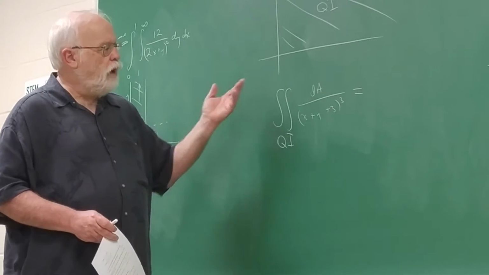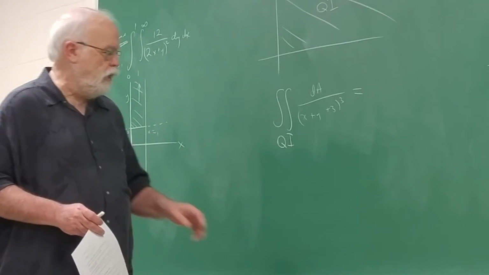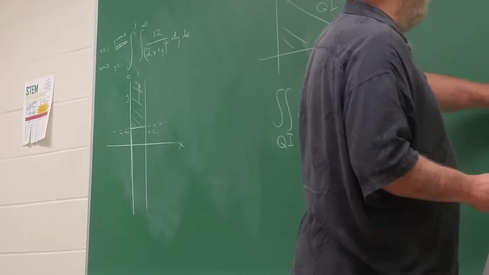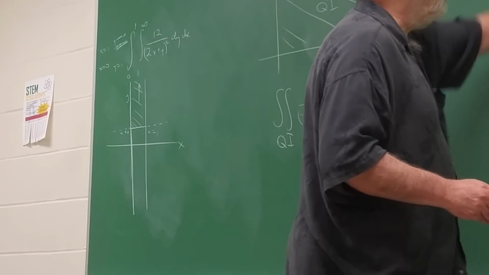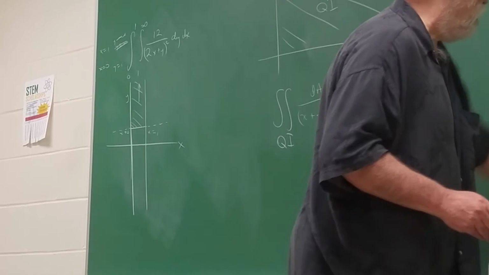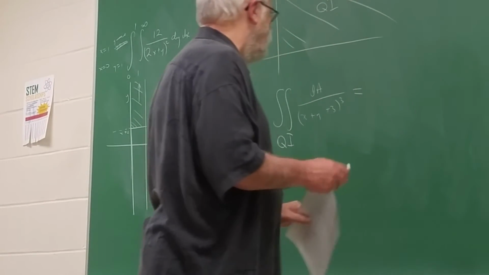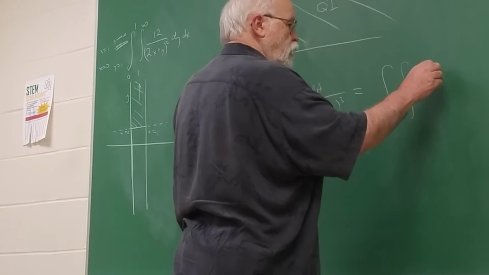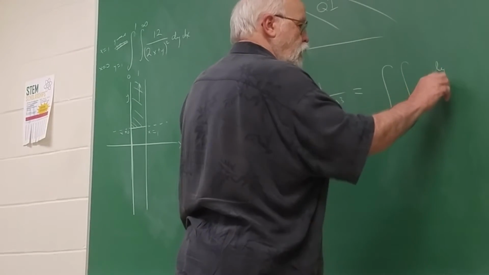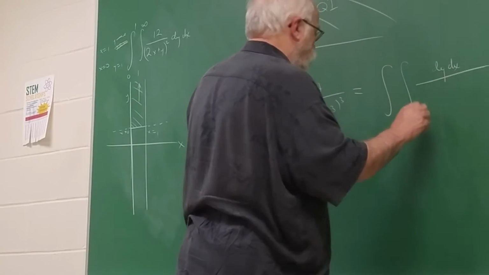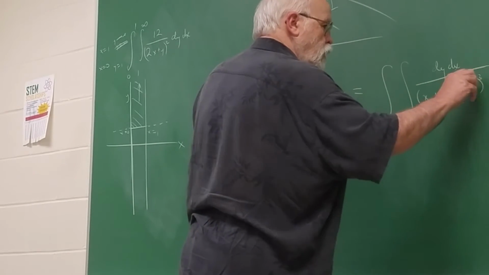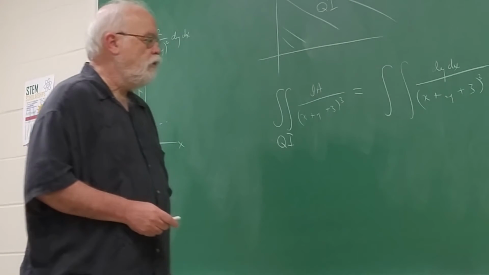And so it really doesn't matter whether it's dx dy or dy dx. If it really doesn't matter, a lot of times I'll choose dy dx simply because that means I have an x left over at the end instead of a y, and we're more used to doing x intervals. So anyway, that's what I'll do. This will be dy dx over (x plus y plus 3) cubed. And what are the limits of integration?